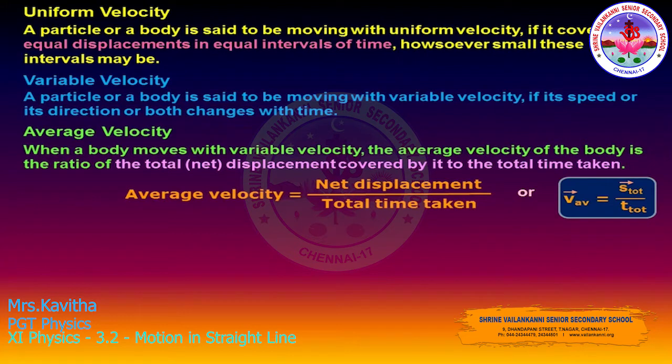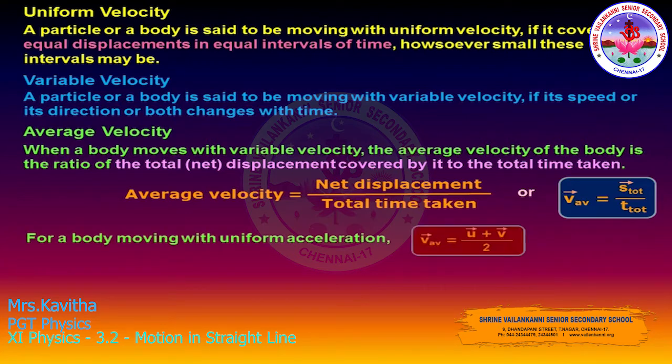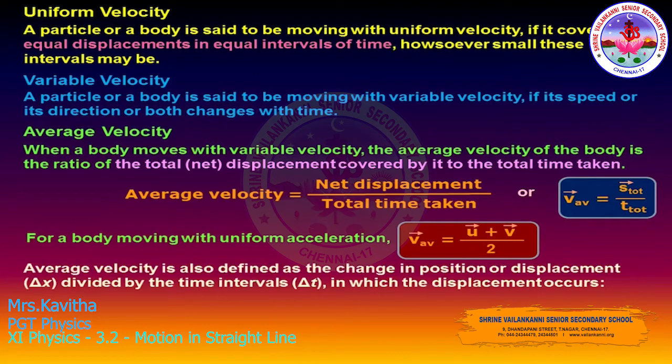So V vector average is equal to S vector total by T total. Now for a body moving with uniform acceleration, V average is equal to U vector plus V vector by 2. That means initial plus final velocity by 2.